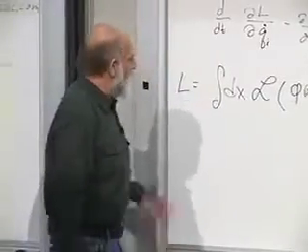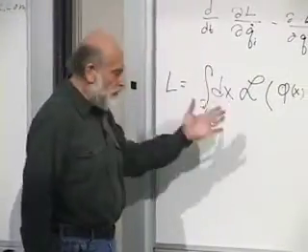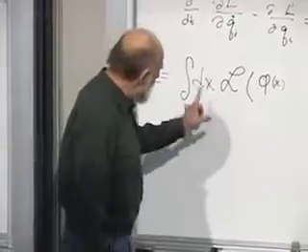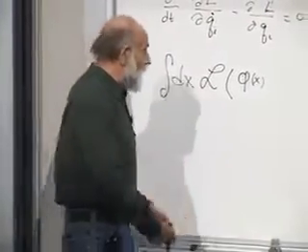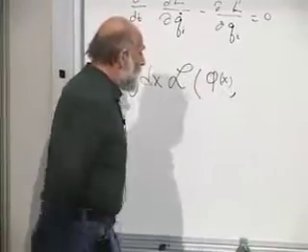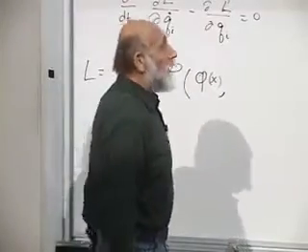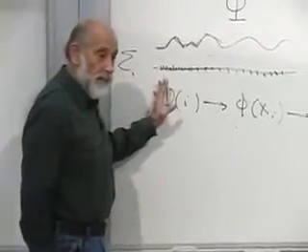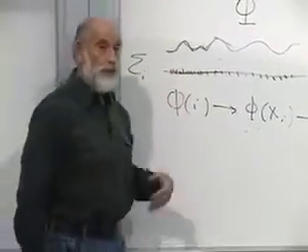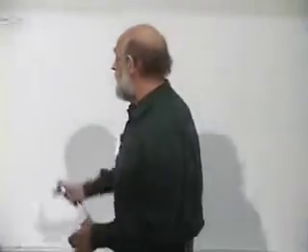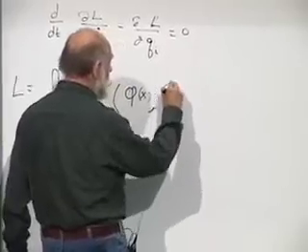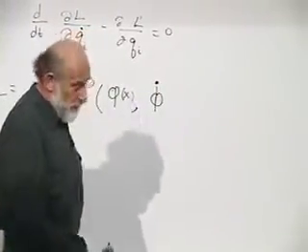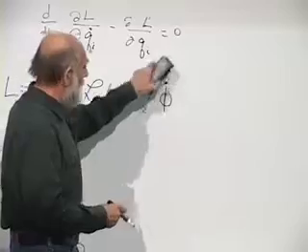Right, so the sum over the degrees of freedom becomes an integral over x of a thing which is called the Lagrange density. In general, the Lagrange density will depend on phi. It will depend on time derivatives of phi, just like Lagrangians depend on q's and q dots. It will depend on phi dot, which means the derivative with respect to t.